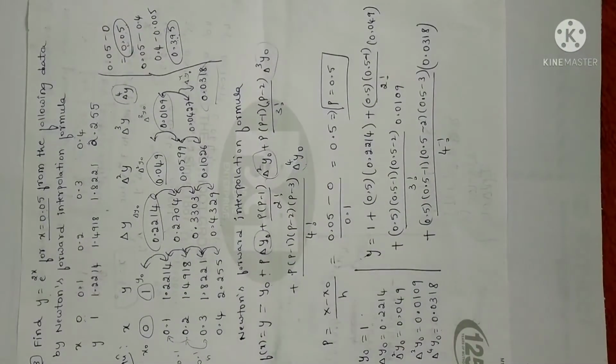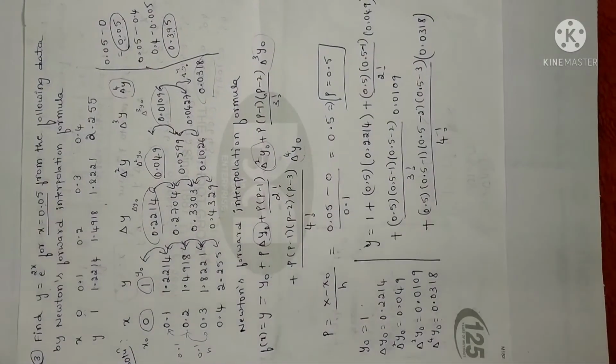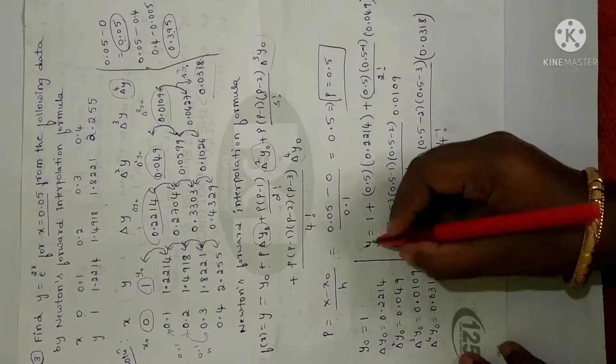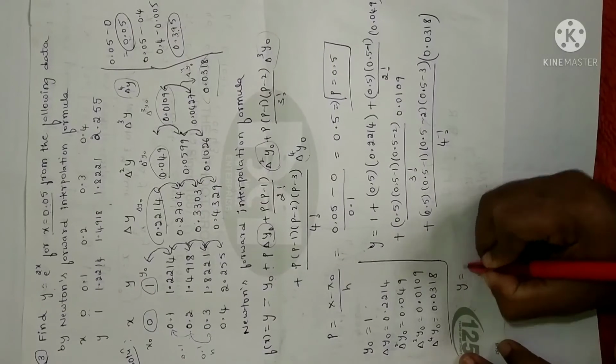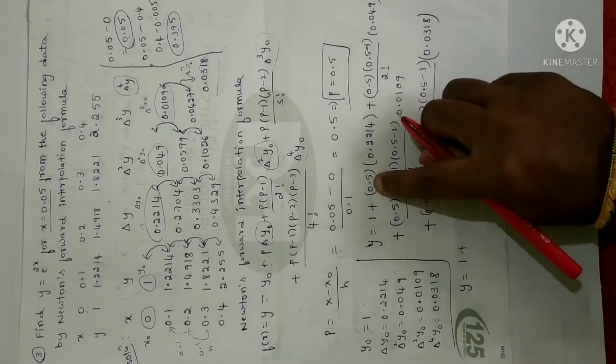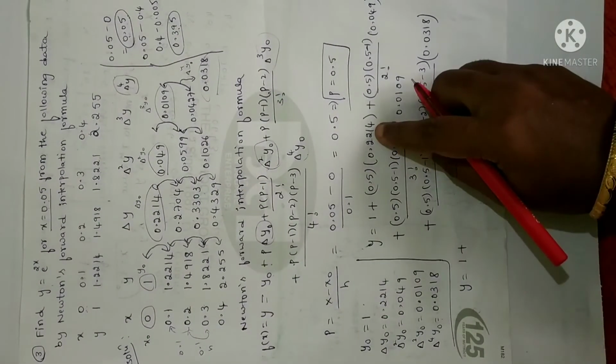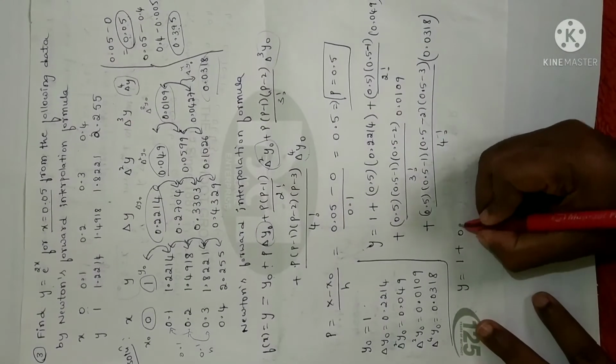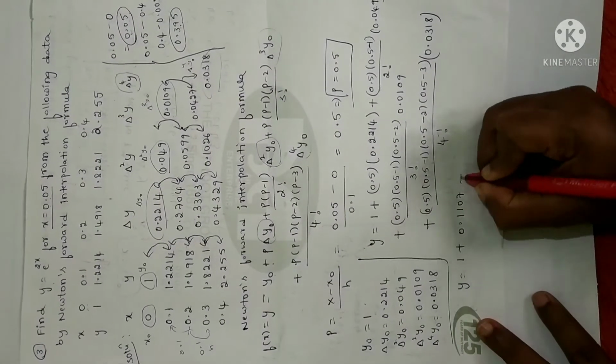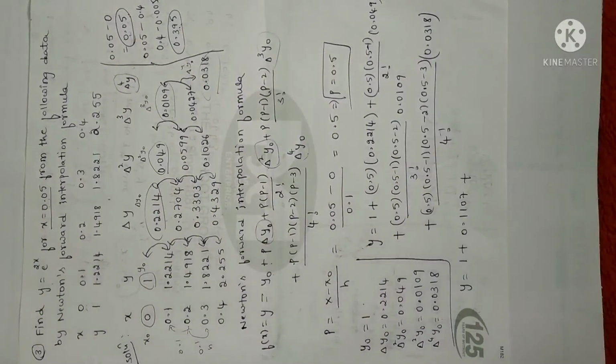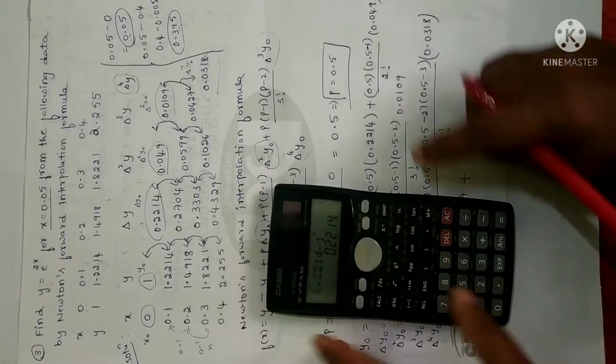Now we need to use the calculator in order to simplify. So let me simplify. Y is equal to 1 plus 1 as it is. Now 0.5 into 0.2214 is 0.1107 plus, as I already showed in the previous session how to calculate, let me explain once again.